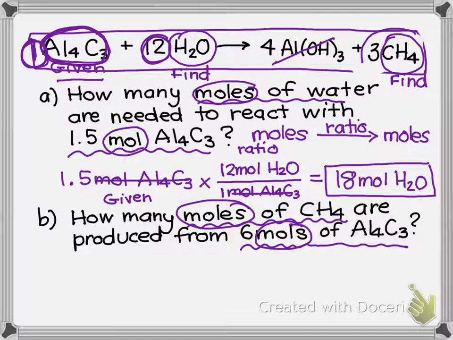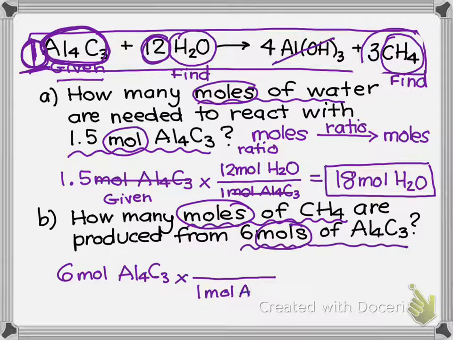So I will take 6 moles, always write what you're given first. And then to go from moles to moles, we're going to multiply it by the ratio. And I was given aluminum carbide, so I put that on the bottom. I get the 1 from the coefficient. And now this time I want methane, which has a 3 up here.